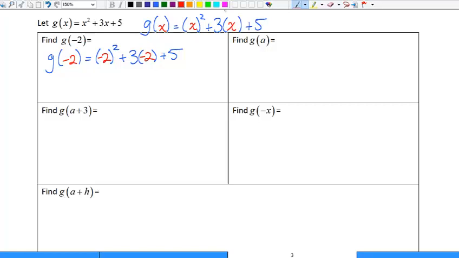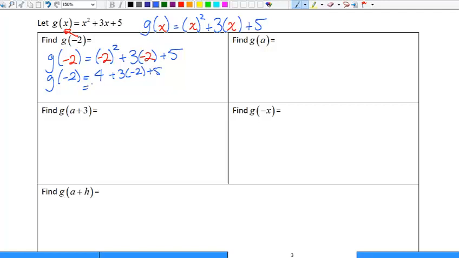So I'm substituting negative 2 in for x. Next, we're going to evaluate, and PEMDAS says we do inside the parentheses, nothing we can do inside the parentheses. Next, exponents. So negative 2 squared means negative 2 times negative 2, which is positive 4.